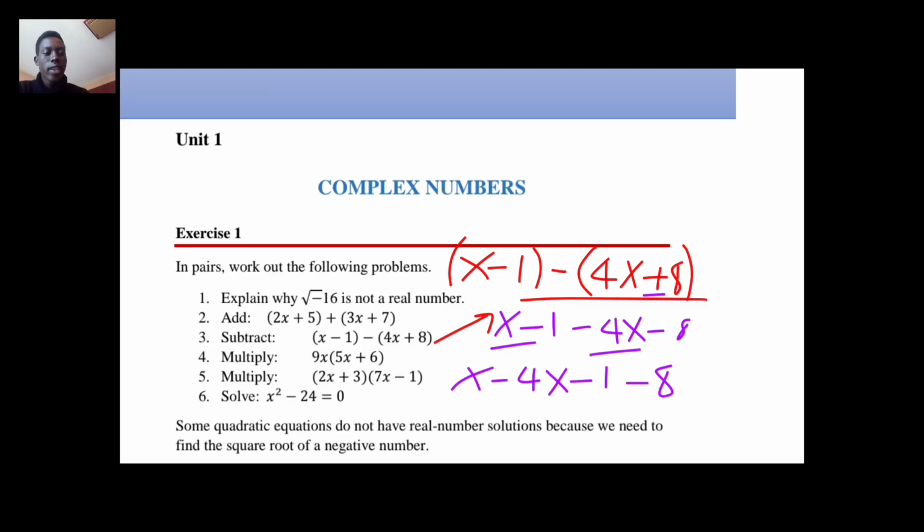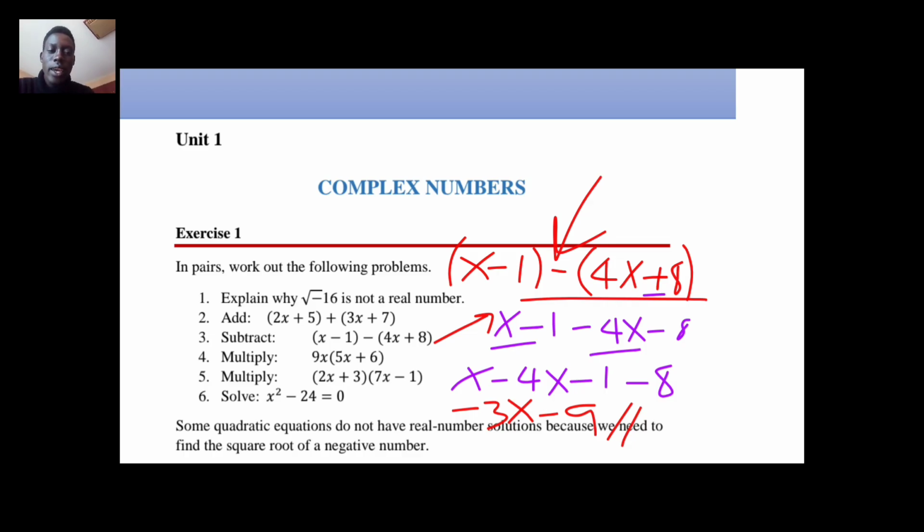So what you have done here is that you have separated the x values and the ones without x. Therefore, x minus 4x is going to give you negative 3x. Then negative 1 minus 8 is going to give you negative 9. So this is the result of subtracting these two.